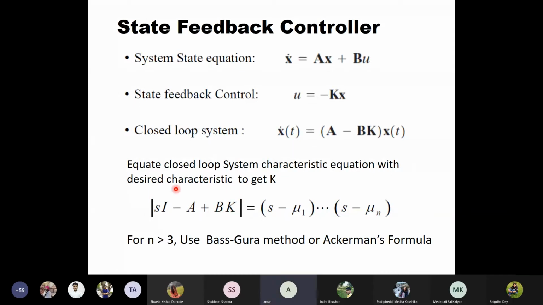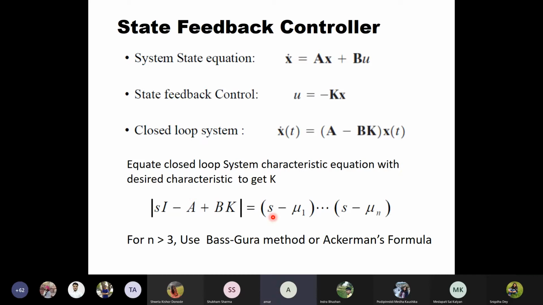If we compare this with the desired characteristic equation, where my desired poles are at mu1 to mu(n) locations in the complex plane, then I can equate the two. So the determinant of sI - A + BK equals (s - mu1)(s - mu2)(s - mu3) up to (s - mu(n)).